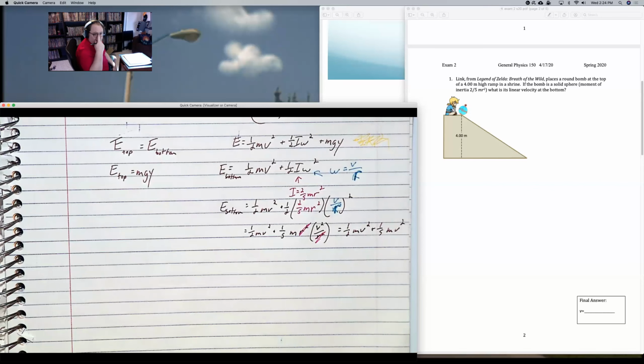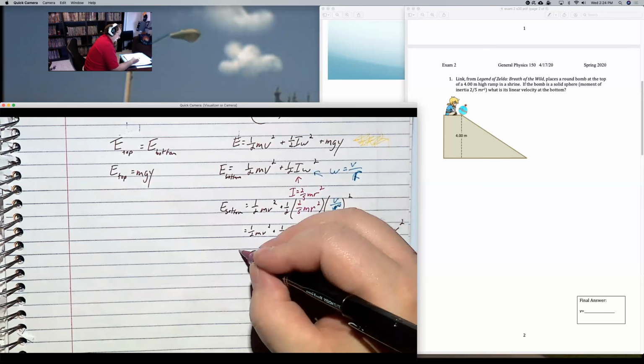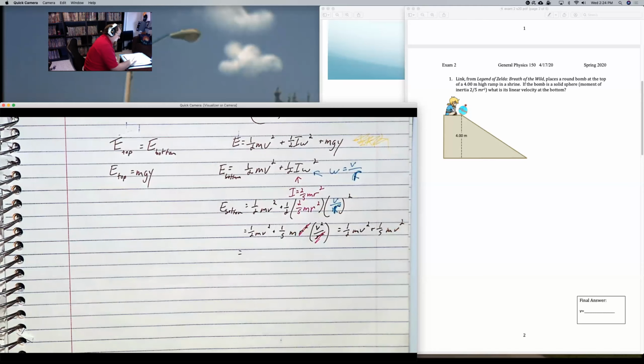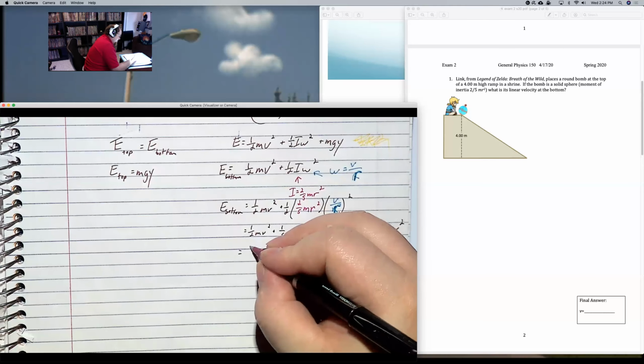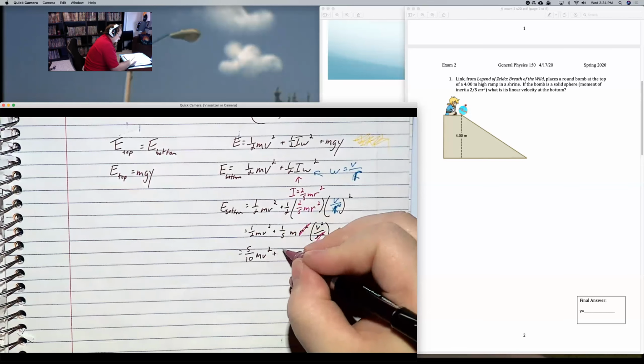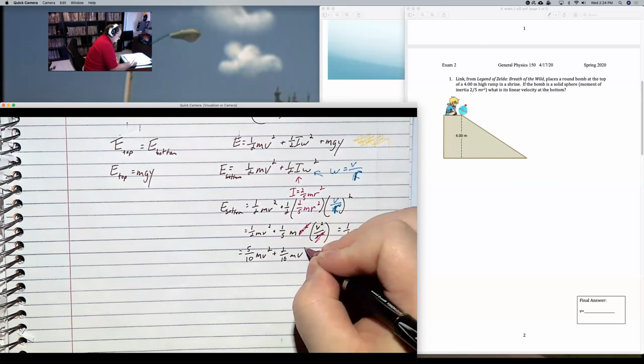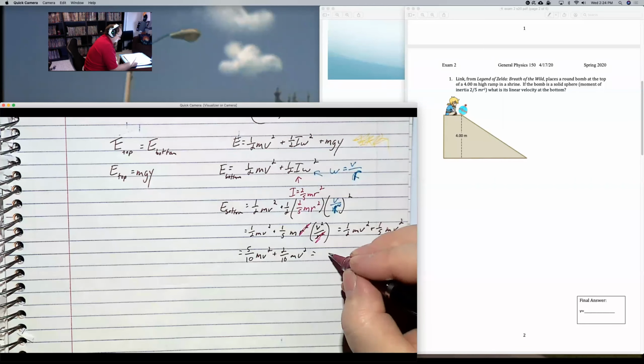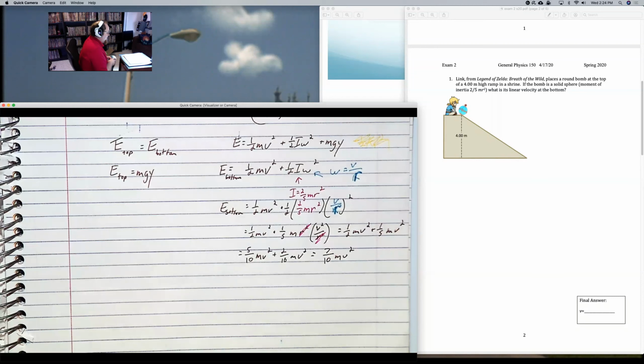Now, I like to reduce here, 1/2 plus 1/5. You could just do it in a calculator, but I'm using a common denominator: 1/2 is the same as 5/10, and 1/5 is the same as 2/10. So 5/10 plus 2/10 is 7/10. So 1/2 plus 1/5 is 7/10 mv squared.